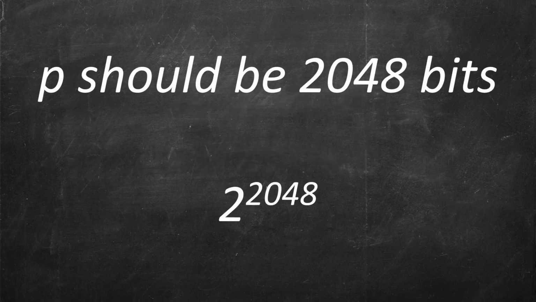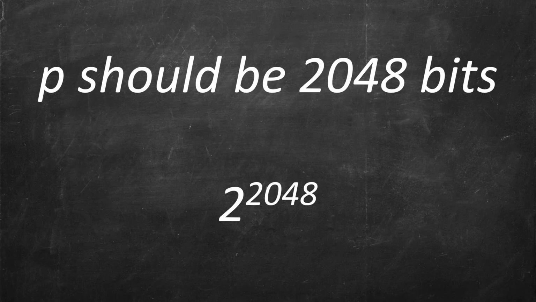So P has to be absolutely massive in order to not be cracked these days, because they found that some supercomputers clustered together could even crack the value of P that was 1,024 bits. We're talking like $300 or $400 million investment.